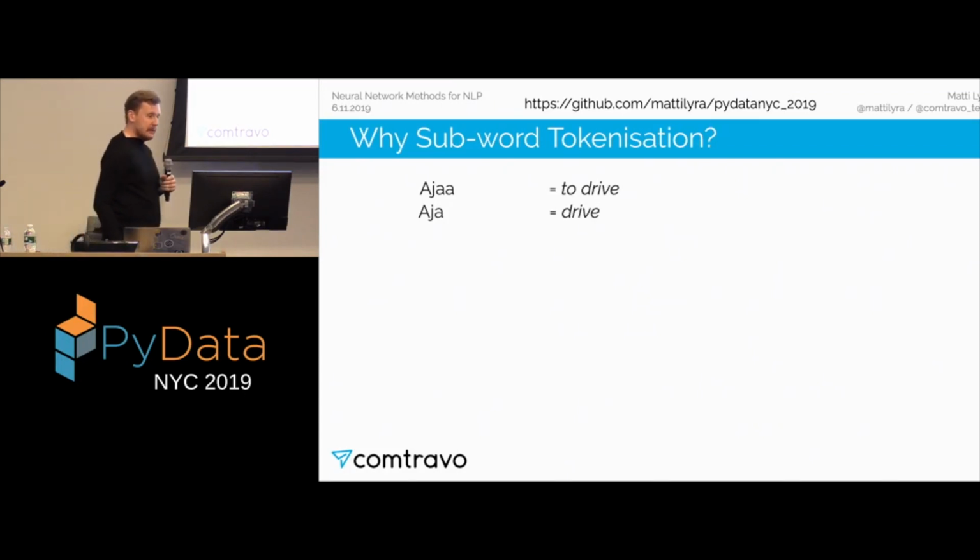I am a native Finnish speaker, and here's a couple of examples of how Finnish works. We don't have prepositions. Finnish creates meaning in words by just adding stuff to them. So here's a word, ajaa, to drive. Here's the imperative form of that word, drive. Here's a driver.